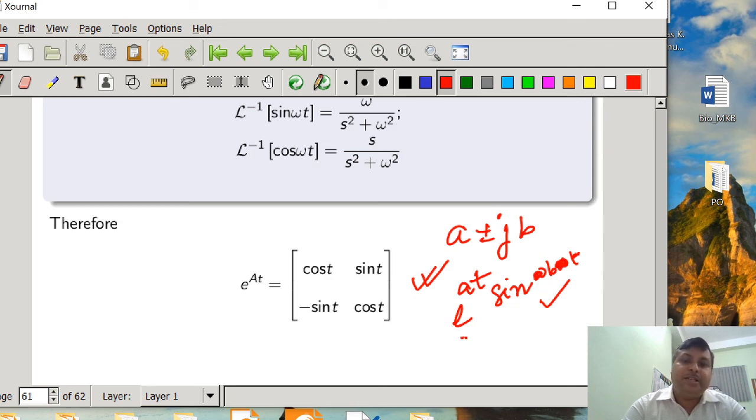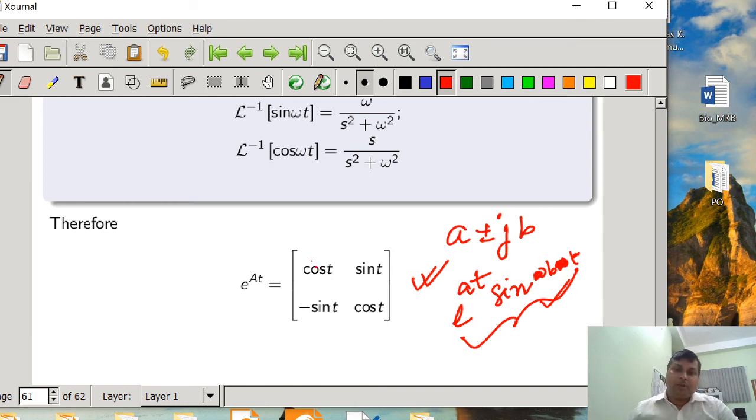In this way the terms will be there. I am repeatedly telling you that we are establishing the relation between the pole locations and e to the power at, because the elements of e to the power at will give you the results regarding the internal stability of the system, which we are going to discuss subsequently.